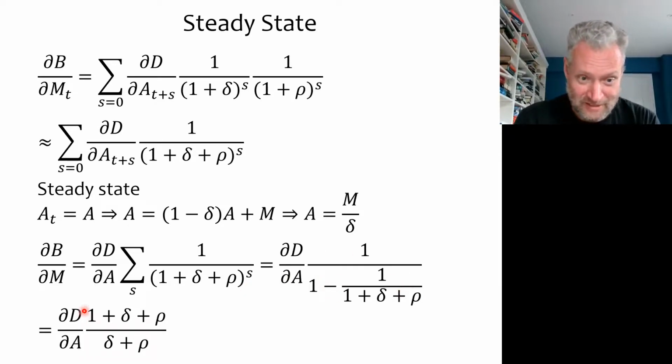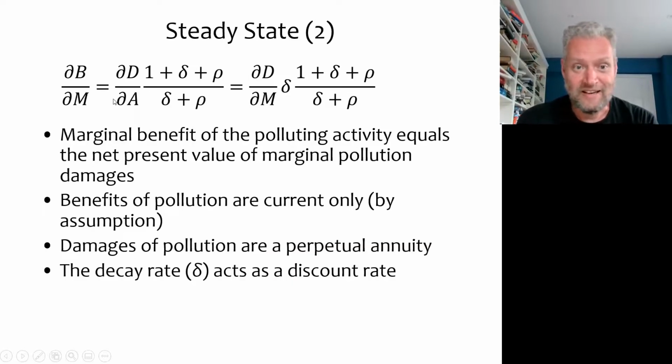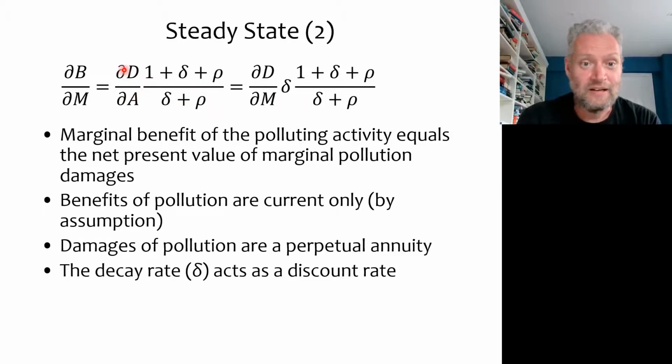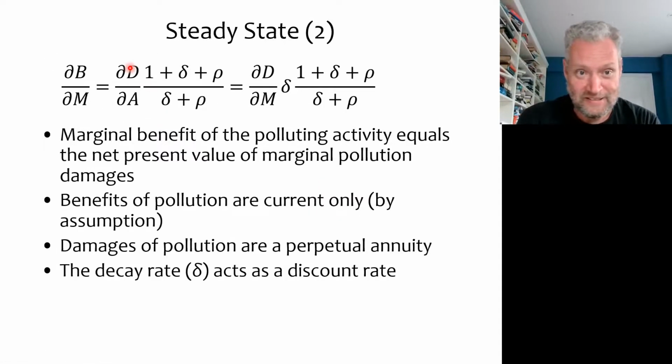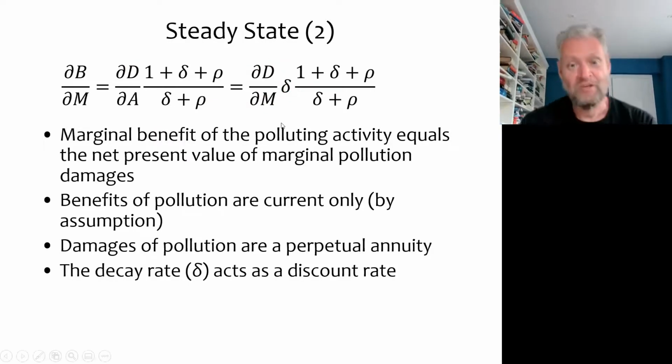You can work that out, that is this expression here. And now this thing kicks in because we still have the derivative of D with respect to A in here times this awkward term. But we know the relationship between A and M, and that means that the derivative of D with respect to A is equal to the derivative of D with respect to M times delta.